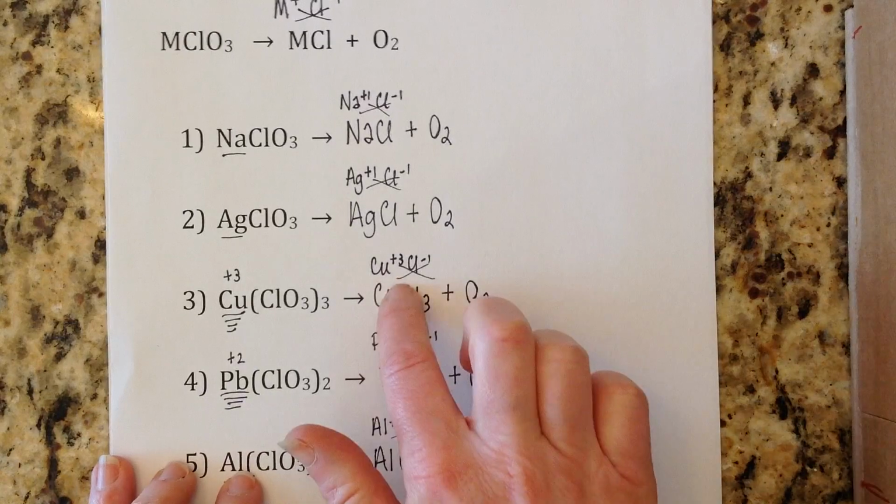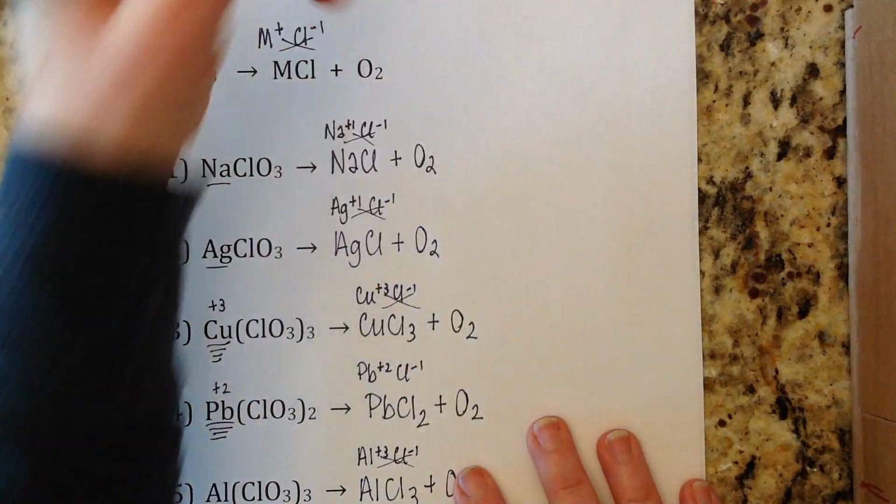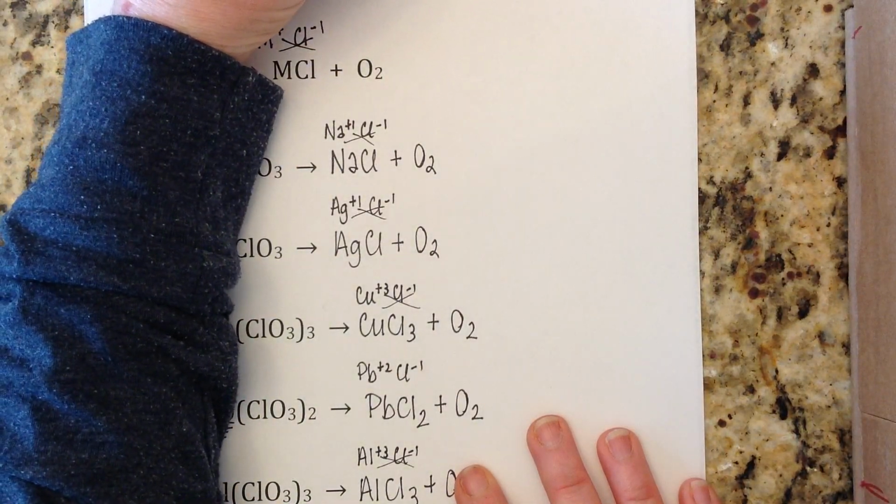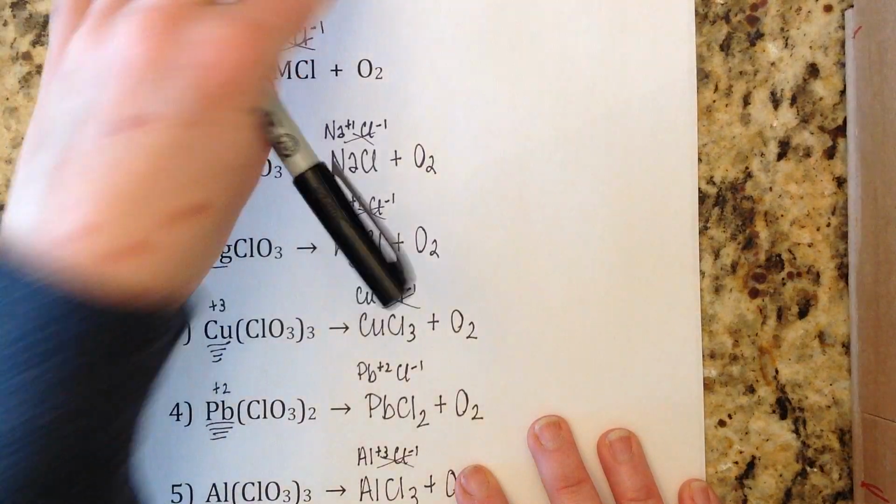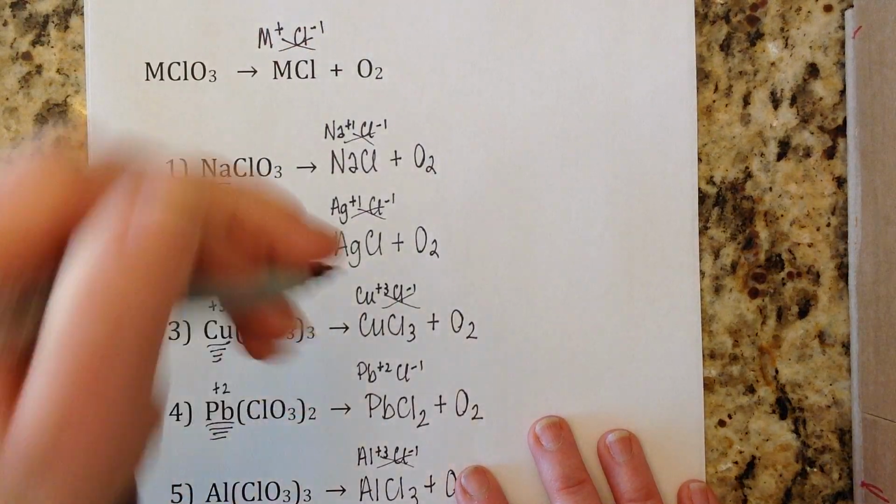I will go back on this one though and make a quick note. For the decomposition of a chlorate, or you could say metal chlorate, sometimes people don't put the word metal in front, I like to.